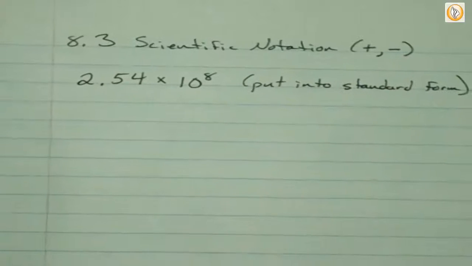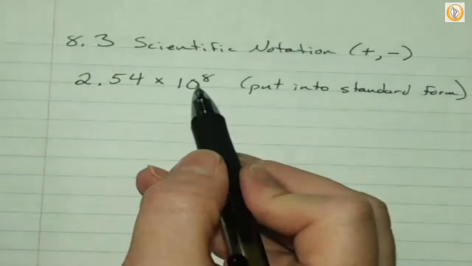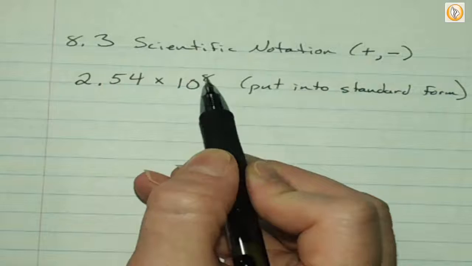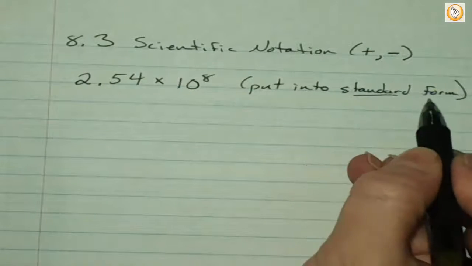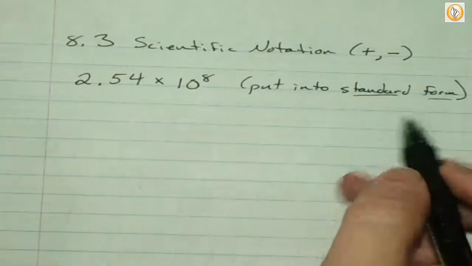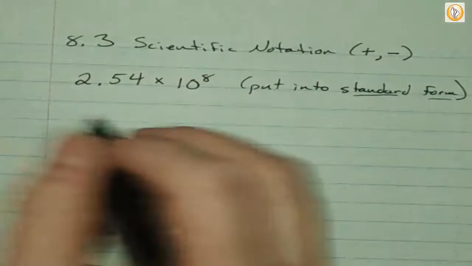That means take it out of scientific notation. Now remember, if the exponent is positive and we want to put it in standard form, your standard form is going to be a big ugly, right?